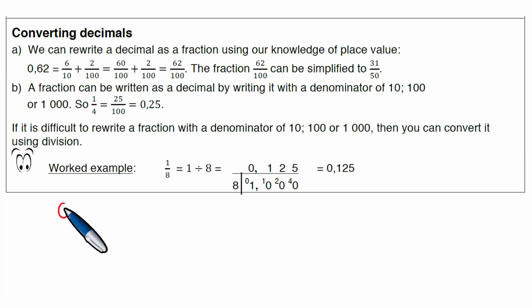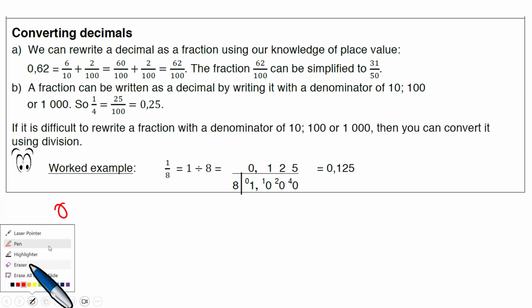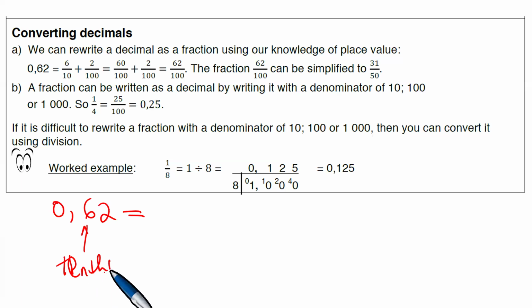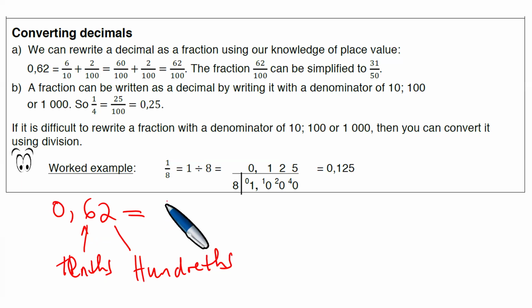Right, so if we are given 0,62, you can know very well that it's like this a tenth, and dealing with the tenths, and here you're dealing with the hundredths. So that in the end, then you'd have 6 out of 10, 2 out of 100.